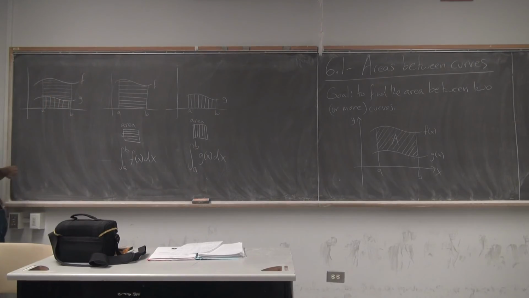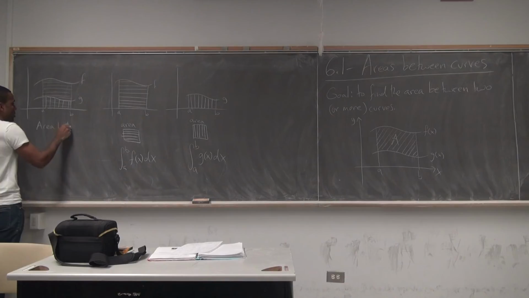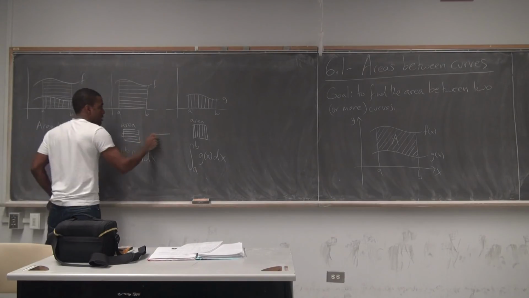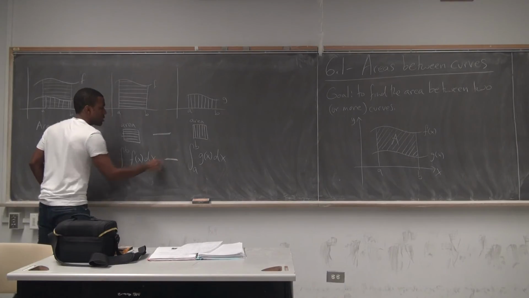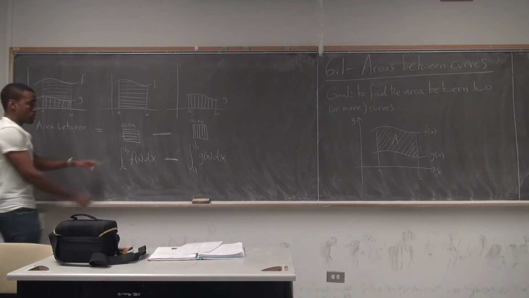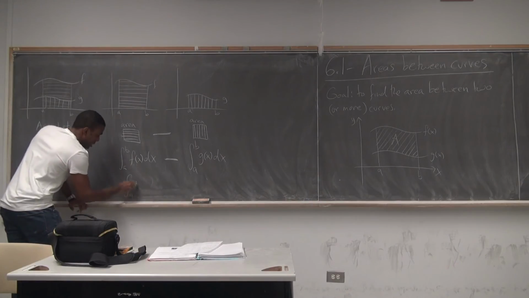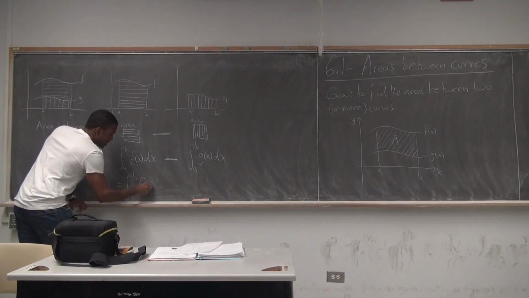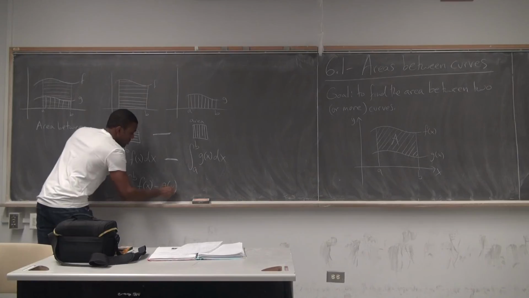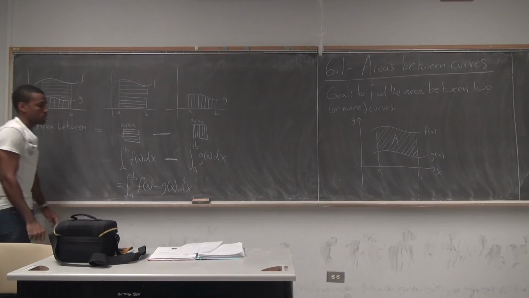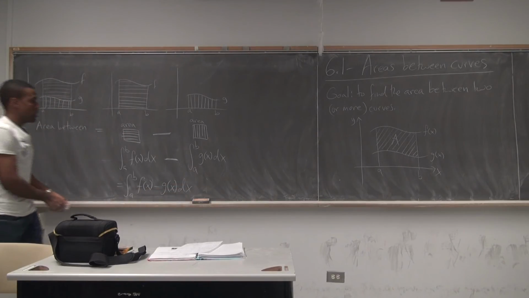And so we subtract that. Or in other words, because of our properties rules, I can write this as one big integral, a to b, of f of x minus g of x dx. I can combine the integrals.